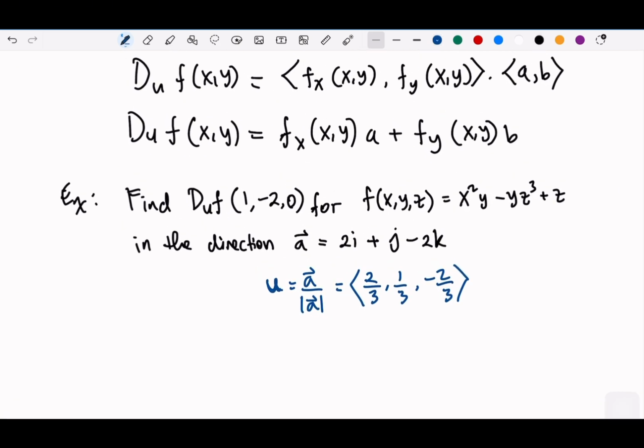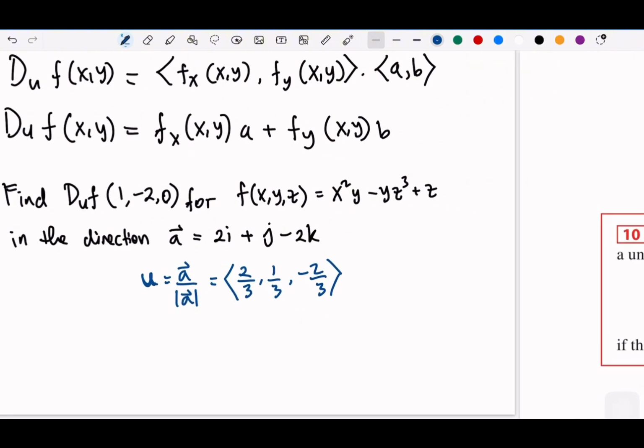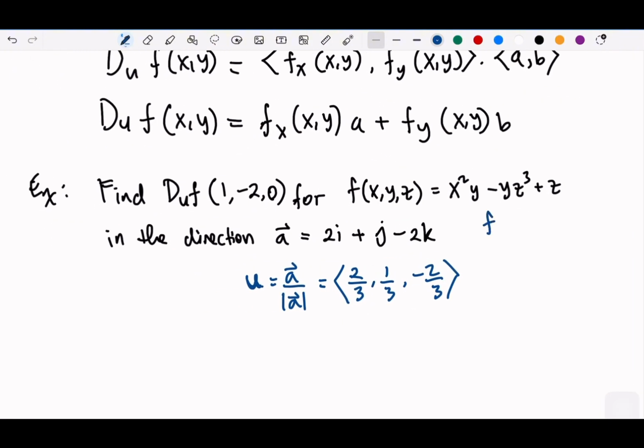And then the next part is finding the partials. So partial x will be 2xy. Partial y will be x squared minus z cubed. Partial z is negative 3y z squared plus 1, right?